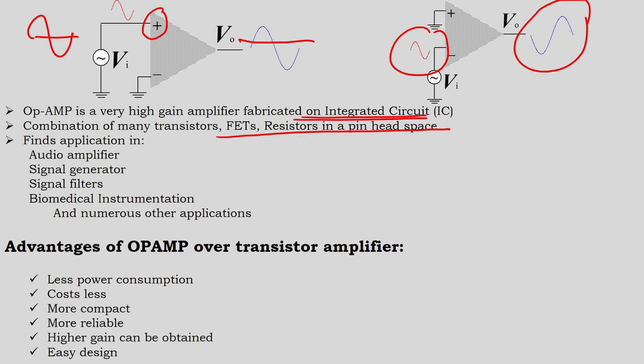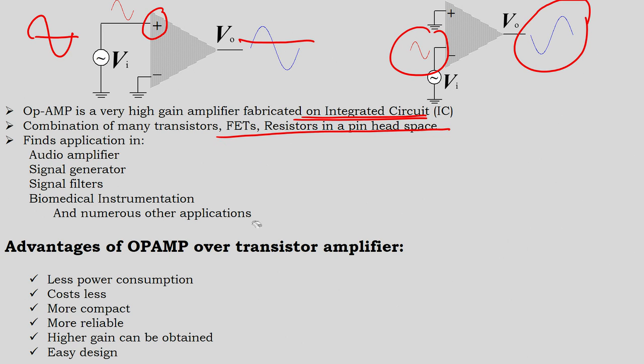Most of the op-amps you will see, the circuit within would be of MOSFETs. MOSFET is nothing but metal oxide semiconductor field effect transistor. So, that is why we are saying many transistors including FETs and resistors. It finds application, again if you remember, in audio amplifiers, signal generators, signal filters, right. It is also used in biomedical instrumentation and numerous other applications.